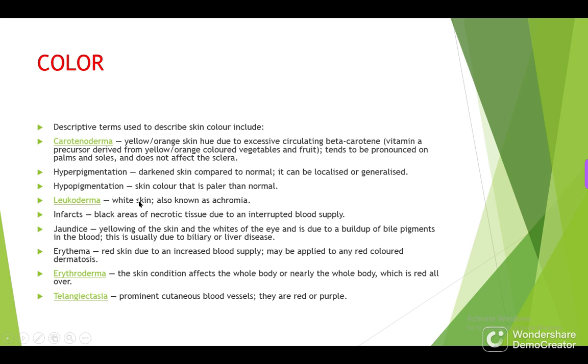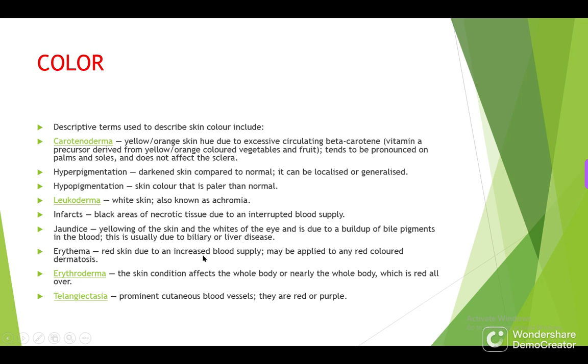Leukoderma is absolutely white skin, also known as achromia. Infarcts are the black areas of necrotic tissue due to interrupted blood supply. Jaundice is yellow discoloration of the skin and whites of the eyes, the sclera, due to the buildup of bile pigments in the blood. Hyperbilirubinemia is usually due to biliary or liver disease.